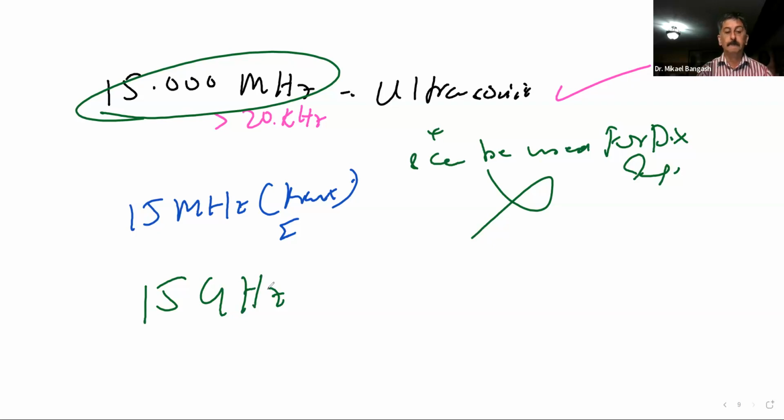Is that clear? But we can say any frequency greater than 20 kilohertz is ultrasonic, because ultrasonic means something which is above the human ear's ability to hear. Did that make sense?